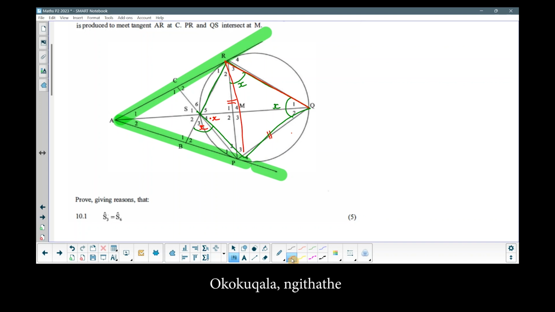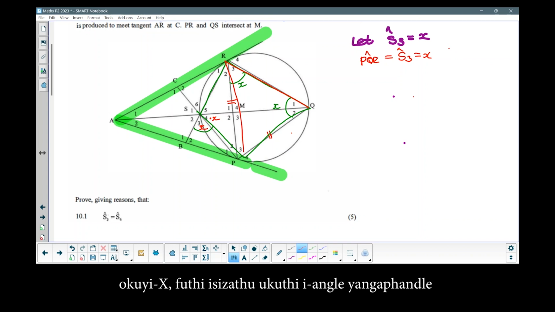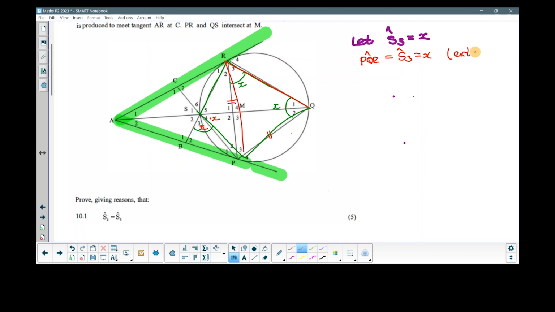So the first thing I said was let S3 equal X. Right, once we did that, we said that therefore angle PQR is equal to S3, which is X, and the reason is exterior angle of a cyclic quad.